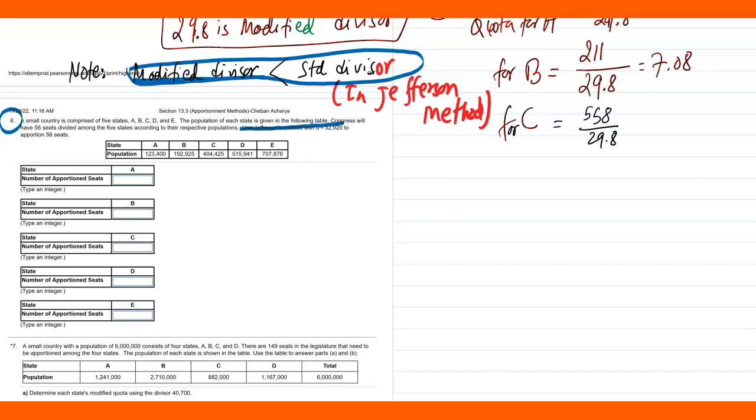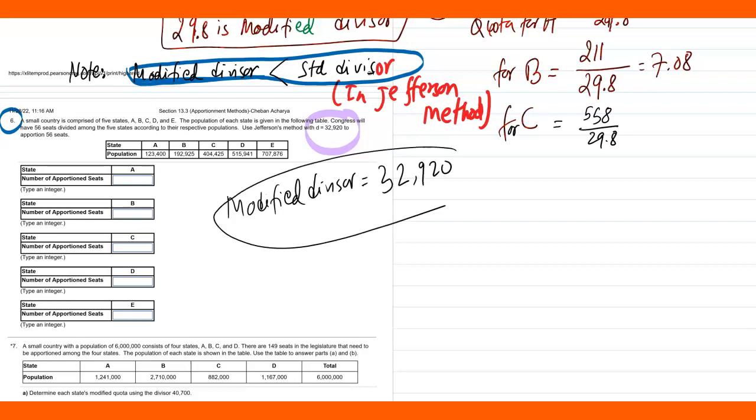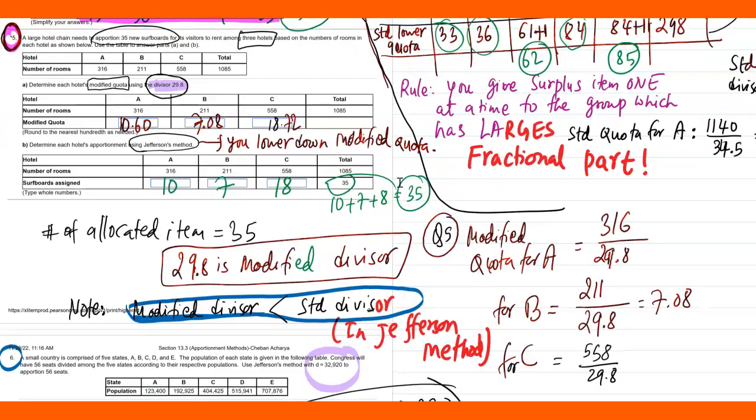You guys see that with the D. In this question number 6, modified divisor is 32,920. It tells you use D equals 32,920. That's the modified divisor. Use that and do exactly the same as question number 5. You're going to be fine.